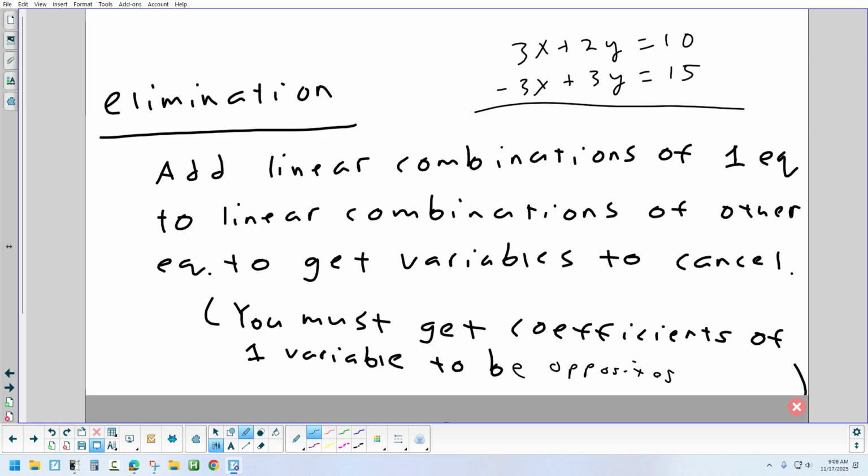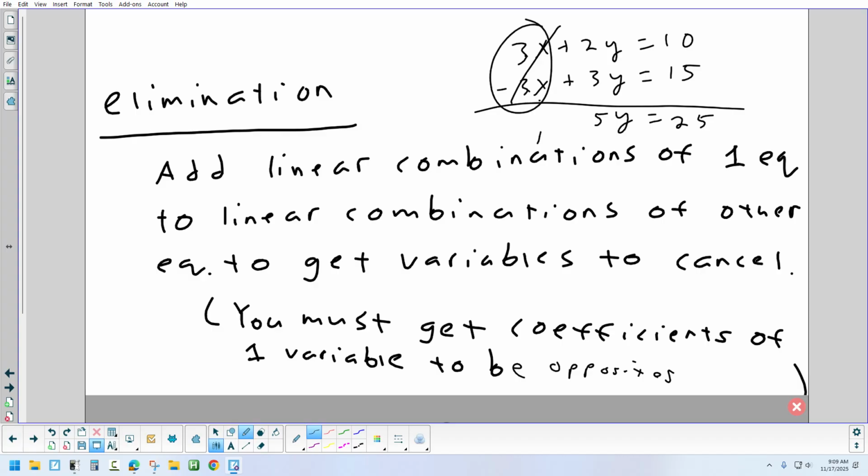Because all you'd have to do is add the equations, 3x, negative 3x, those cancel out right away. And then you just have 2y plus 3y, it's 5y, and 10 plus 15 is 25. And now you're left with a very straightforward equation to solve.